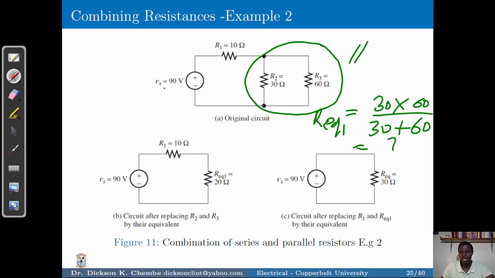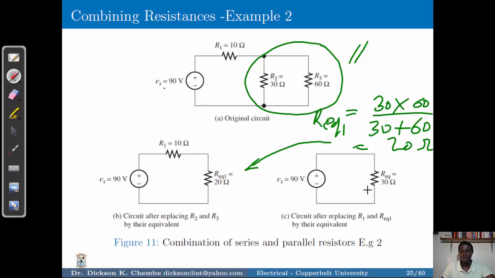That 20 ohms is what you can see here as Req1. And then what remains now are resistances that are in series, which is simply 10 plus 20 to give you 30 ohms as the total resistance in the circuit.